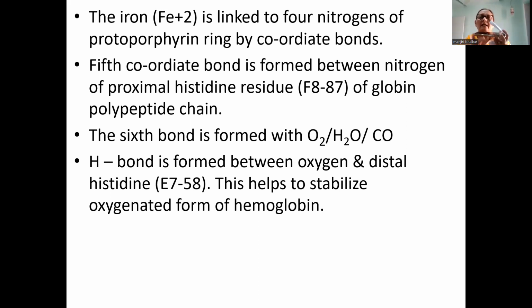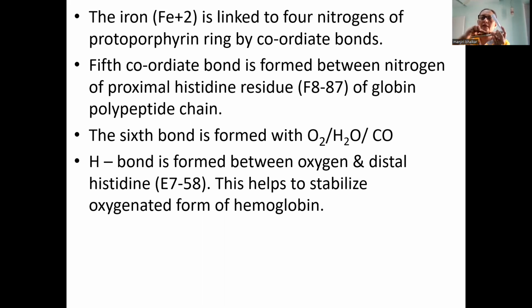So understand that the 87th histidine is the proximal histidine, which is in close proximity to the heme, close proximity to the iron. And the 58th histidine is the distal histidine, which is not in very close proximity, and you have oxygen in between.